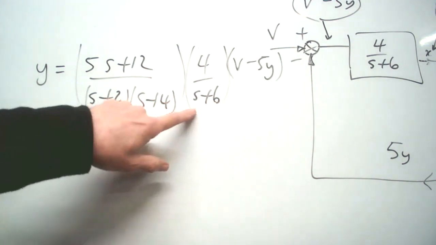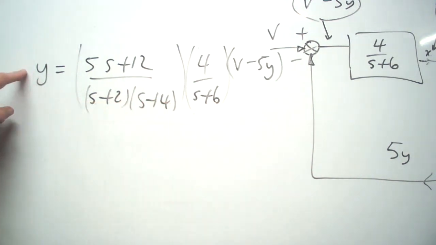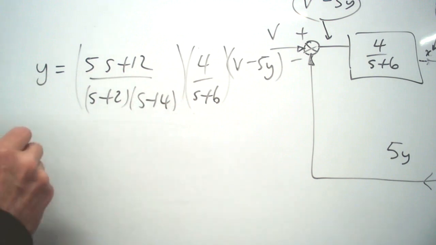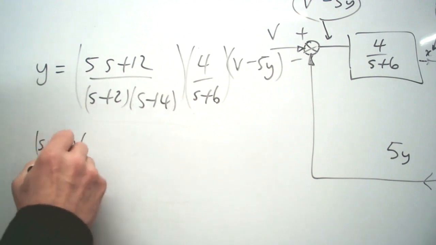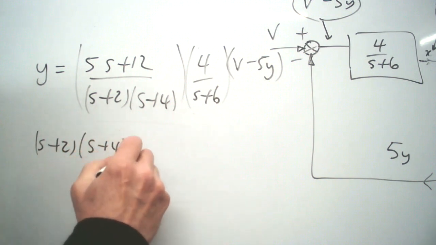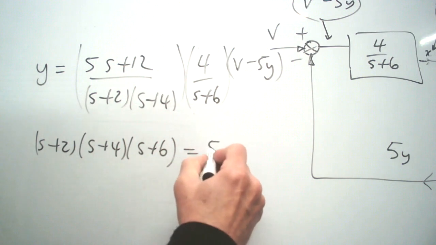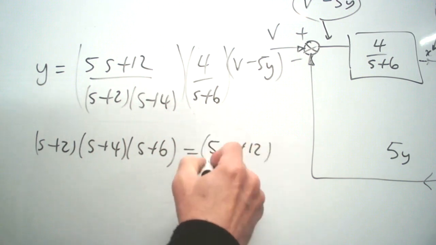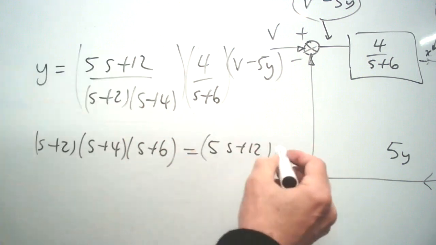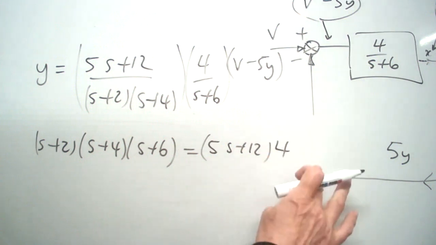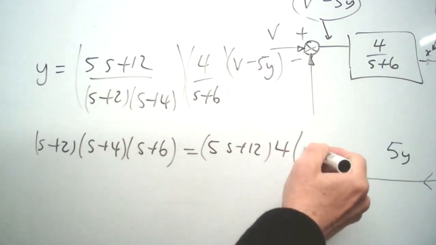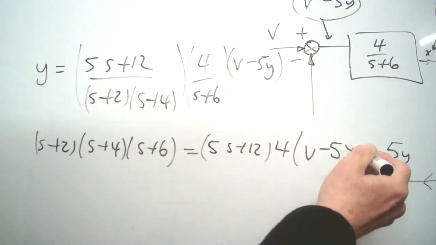Now what I can do is take these three terms up here, because I can move them across to slide them from underneath to the top. So I'll get s plus 2 times s plus 4 times s plus 6 is equal to 5s plus 12 times 4 times v minus 5y.